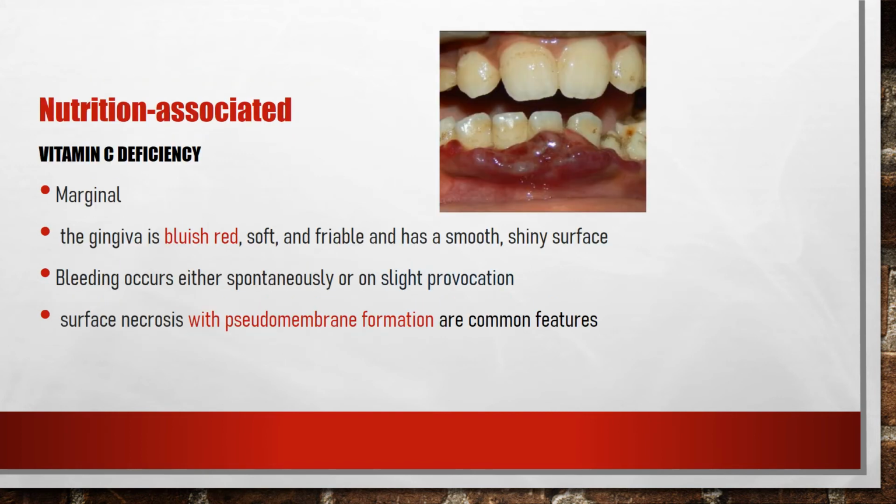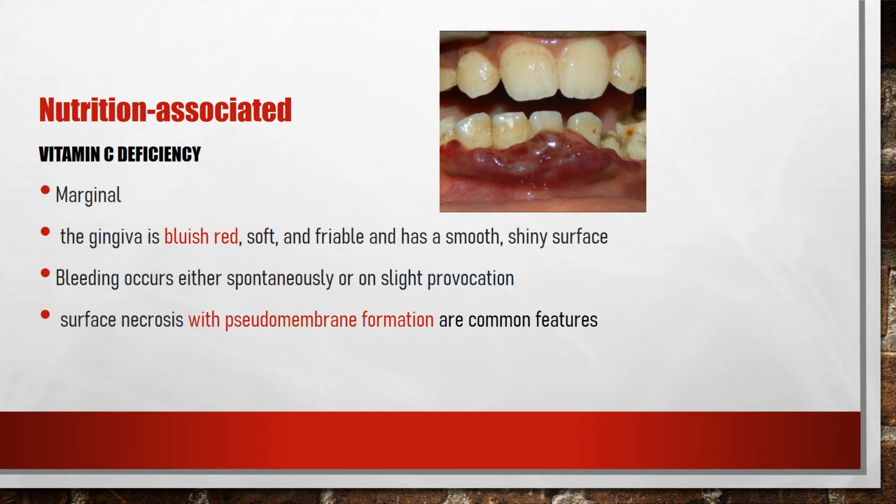Then comes nutrition associated gingival enlargement, which is mainly associated with vitamin C deficiency. Enlargement of the gingiva is generally included in classic descriptions of scurvy. It is mostly seen in the marginal region and the gingiva appears bluish red, soft, friable and has a smooth shiny surface.